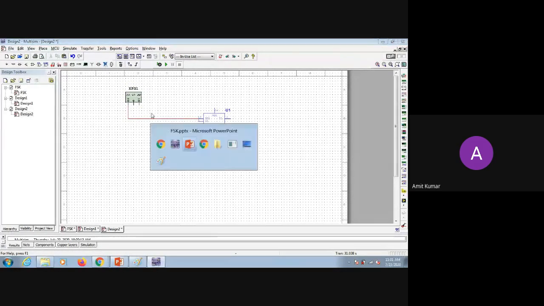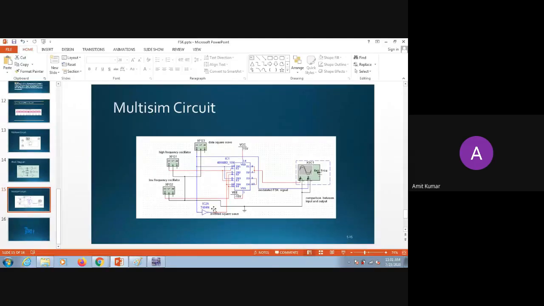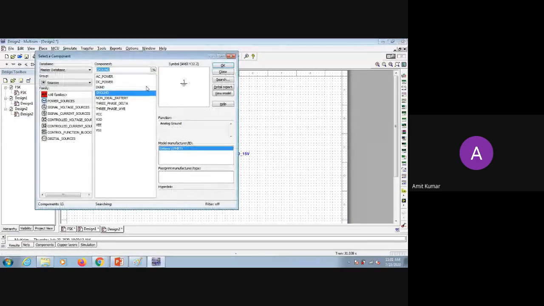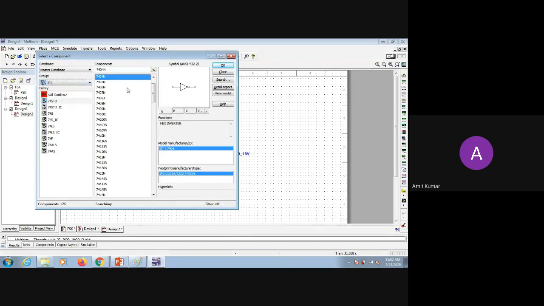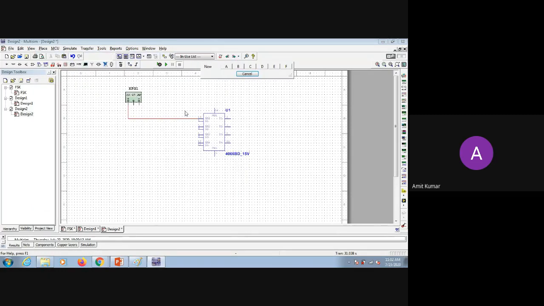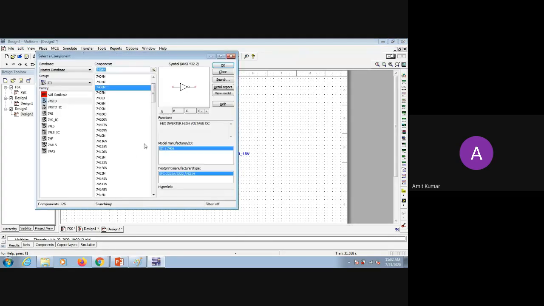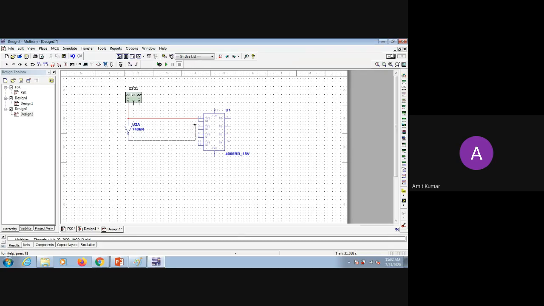The other will be connected to an inverter. So we will take an inverter, and it will be connected to IN2, that is pin 5. And this will be connected to the second input.